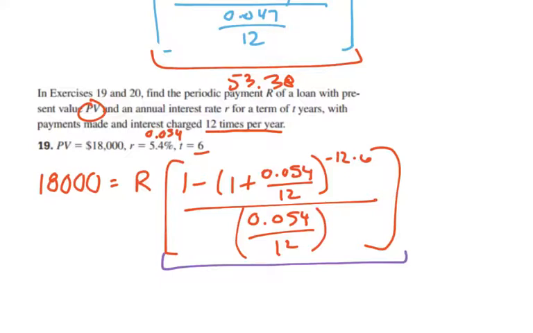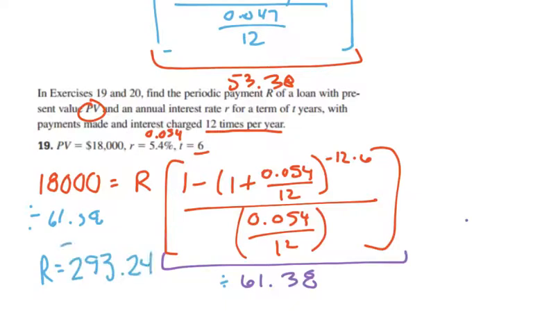Divide that value by the fraction of 0.054 over 12, and so our value here is 61.38. So that value is going to be divided to both sides, and so 18,000 divided by that 61 value means that our R, or our payment for monthly, is going to be $293.24 in order to get to that $18,000.